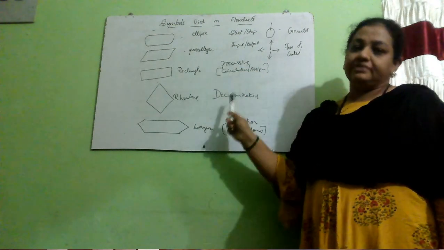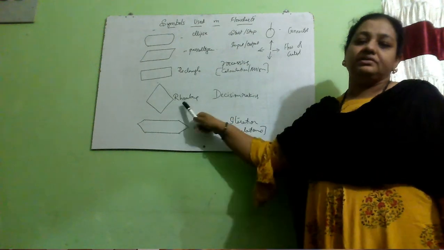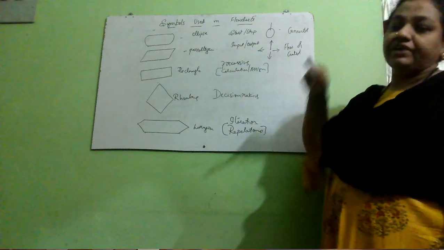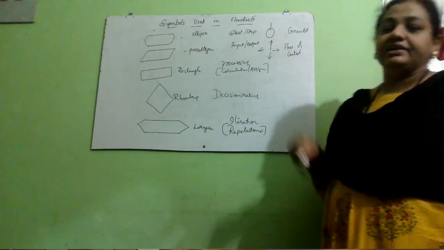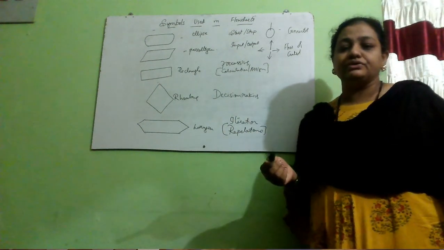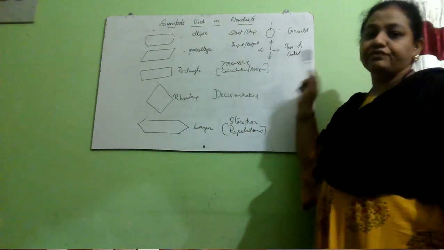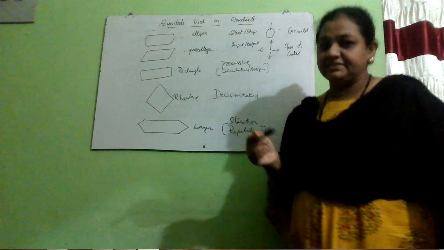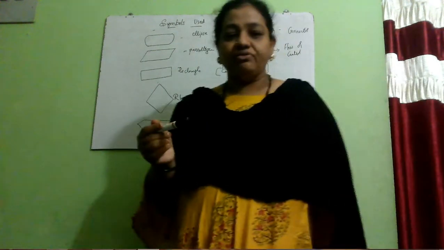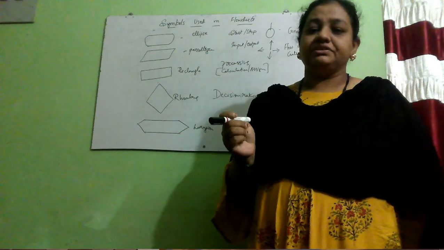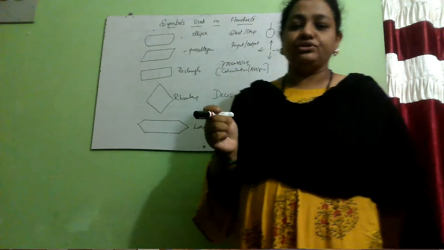Then we have four directional keys. So you can see here four directions: up arrow, down arrow, left and right, and these represent flow of control, how the execution flows.